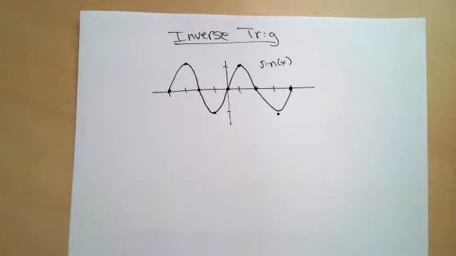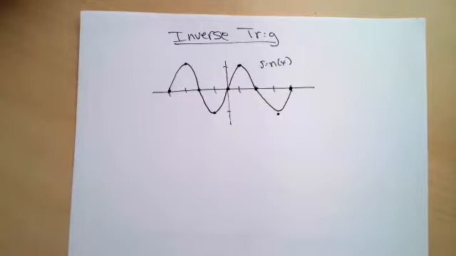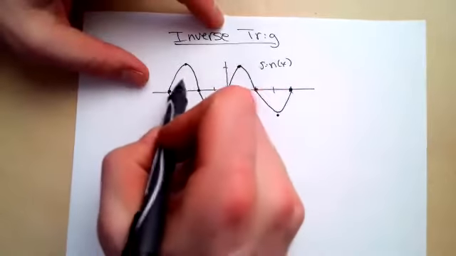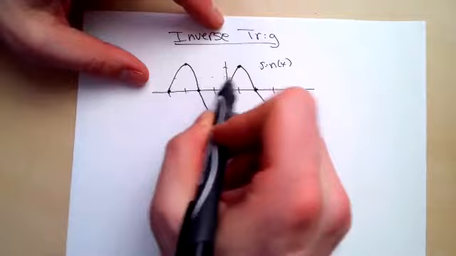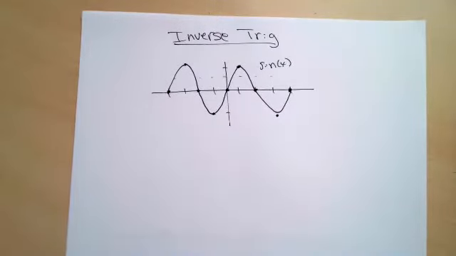We want to create an inverse function to sine. But if you think way, way back when we first introduced inverse functions, in the first couple weeks of class, what is necessary for a function to be invertible? Necessary and sufficient. It needs to be 1-to-1. Namely, it needs to pass the horizontal line test, which we don't pass at the moment. Sine is not a 1-to-1 function.